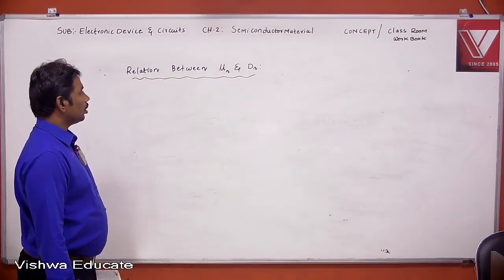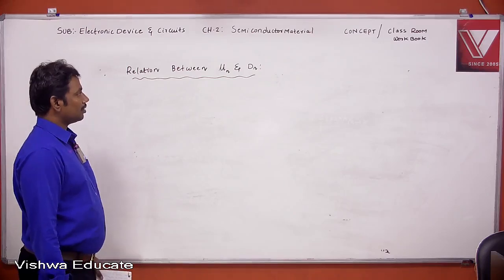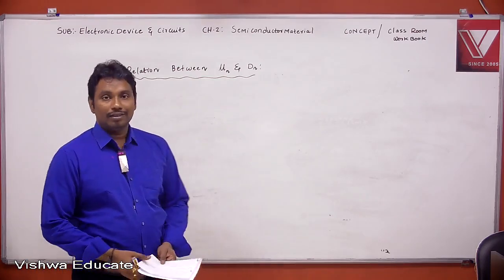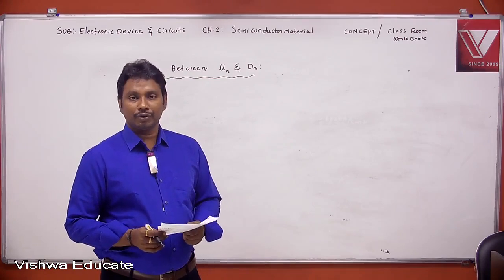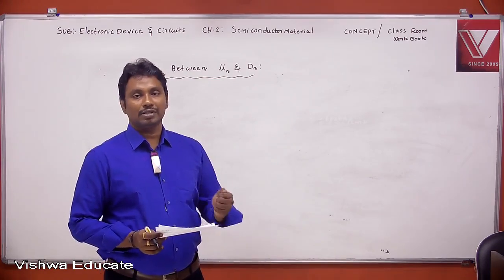The relation between mobility and diffusion constant is given by the Einstein relation.